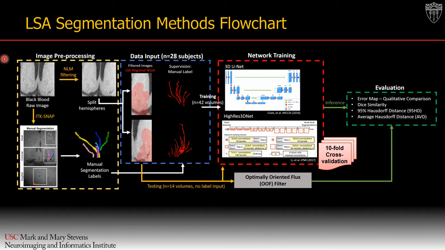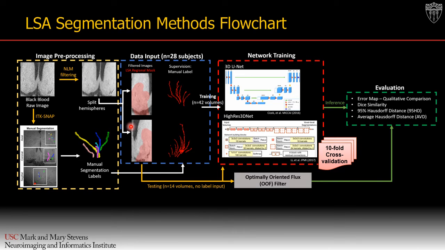Here we have the flowchart of the image preprocessing, the data input, the network training, and the evaluation of the deep learning models. As I mentioned before, black blood images were used for manual segmentation in ITK-SNAP. The 3D images and their labels were cropped to the subcortical region of interest. Then they underwent non-local means filtering to denoise the image, and then were split into hemispheres as a means to increase the sample size.